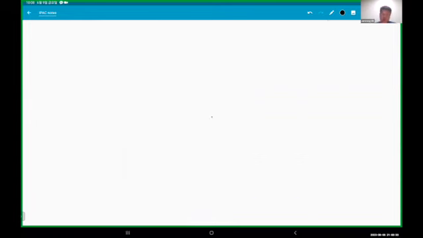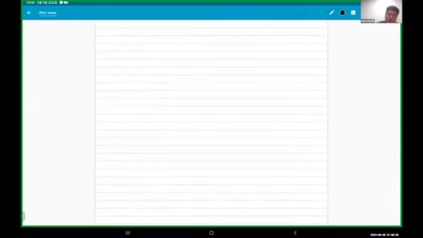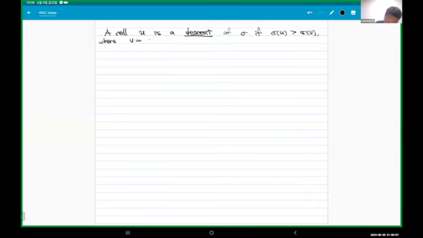Okay. And once again, for a filling sigma of mu, we say a cell U is a descent of sigma if sigma(U) is larger than sigma(V), where V is the cell right below U. So U and V are placed like this.